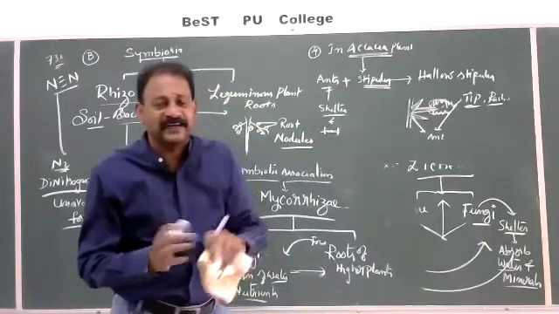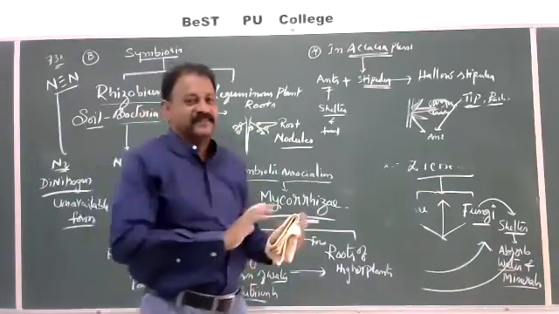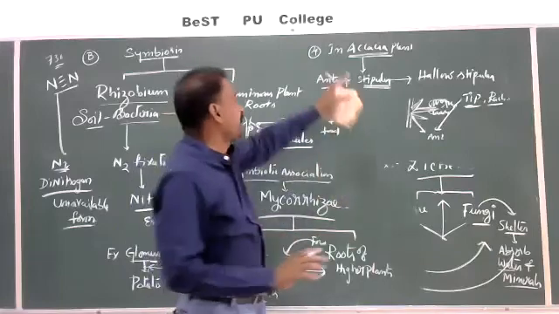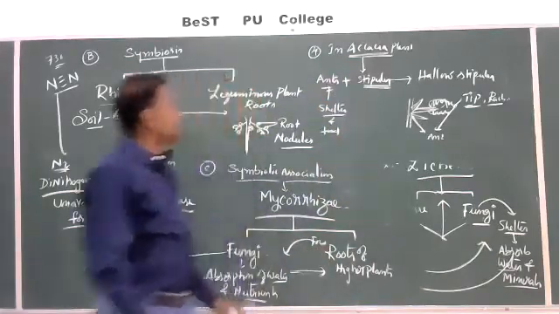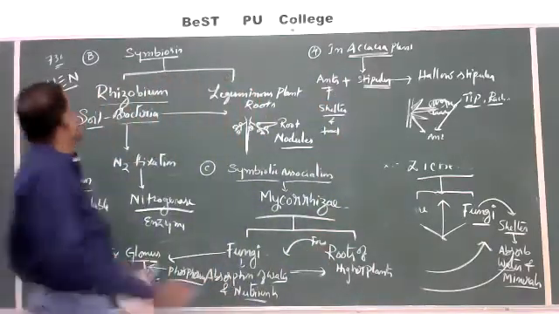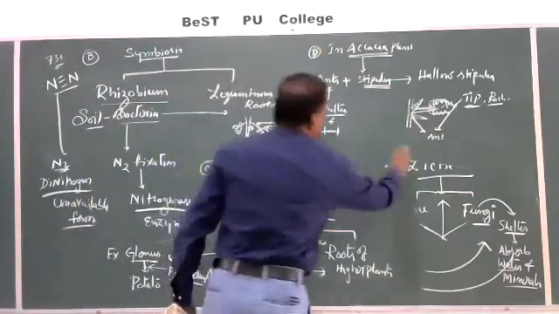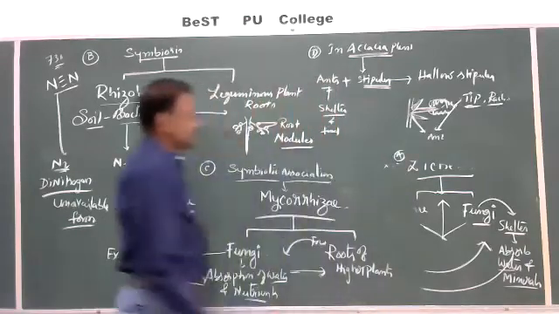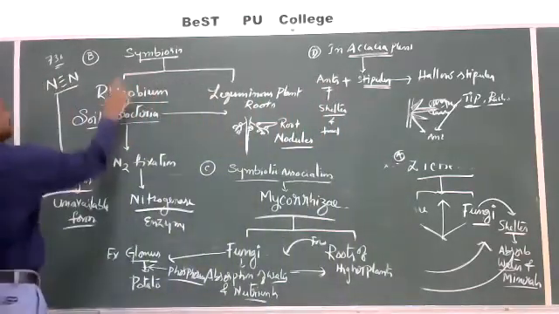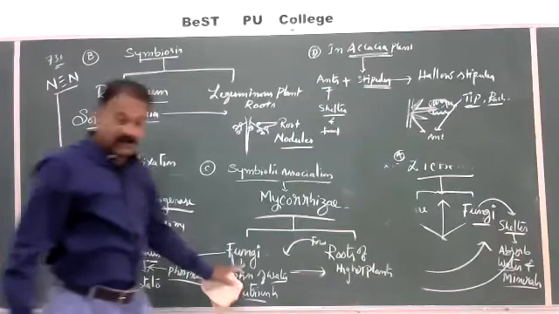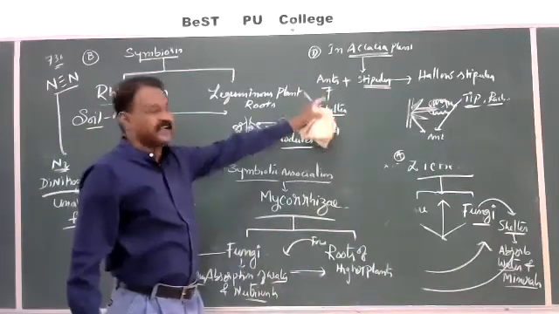So ants and the plant have a symbiotic association. So my dear students, we have seen four types of symbiotic association: first lichens, second rhizobium, third fungi, fourth ants.